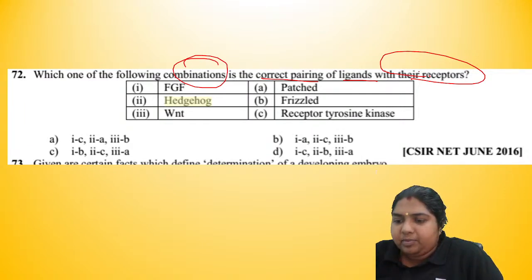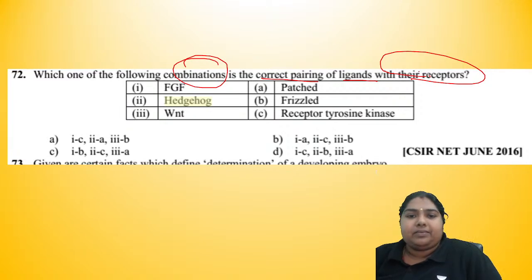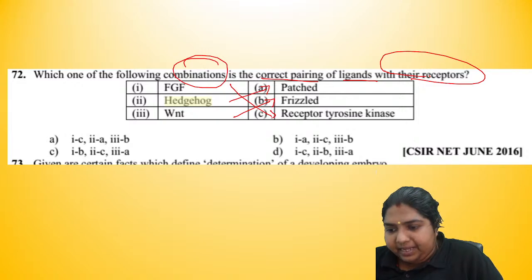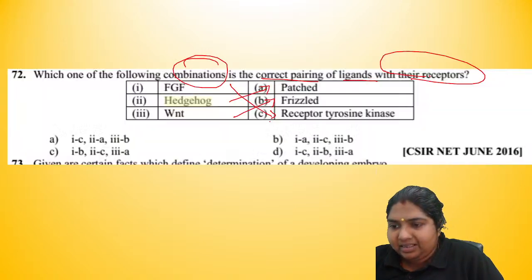That's all. Very good, everybody. Come on, guys. Yes. Hedgehog, what did we see? Hedgehog is Patched. Wnt is Frizzled. FGF is receptor. Yes? Oh my god. Did I make it wrong? Oh, sorry.